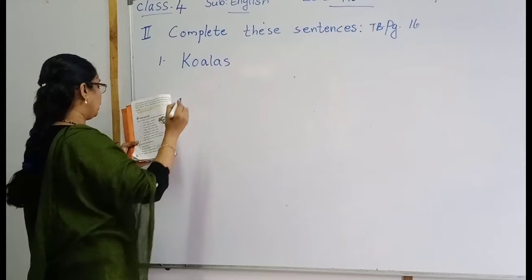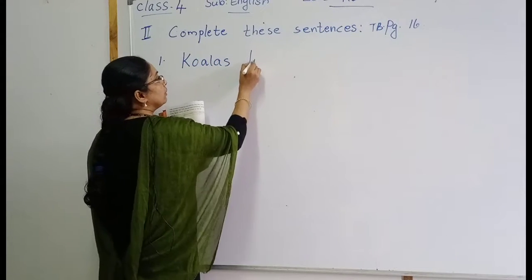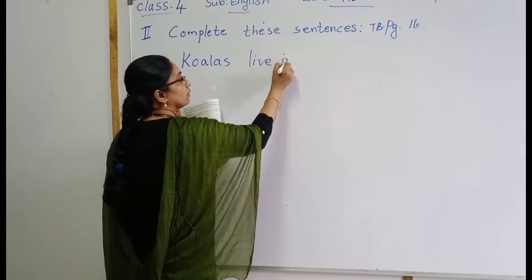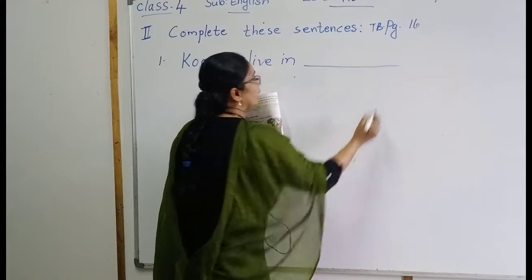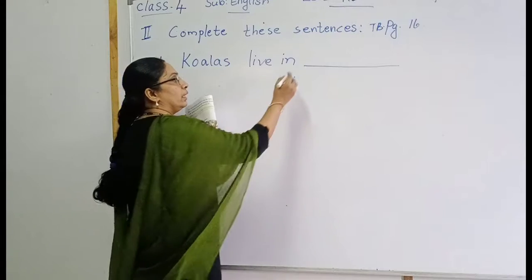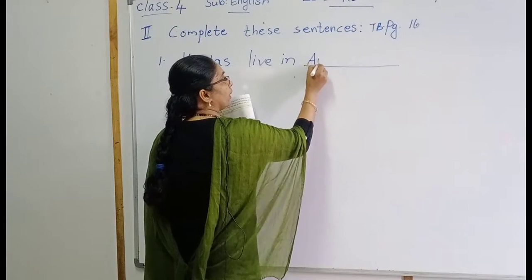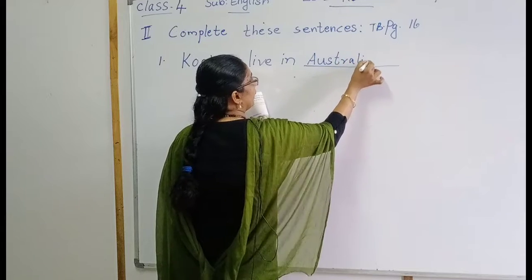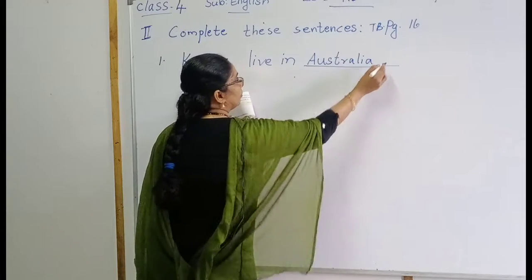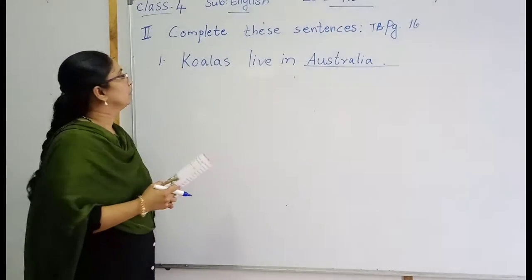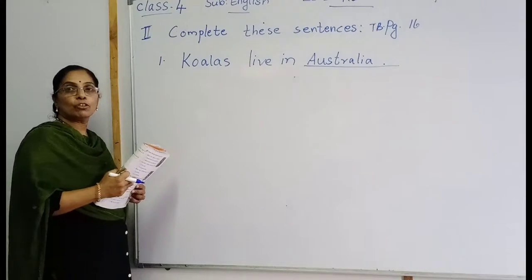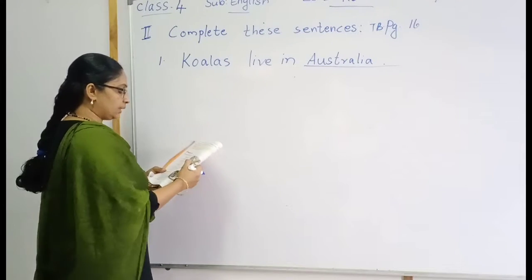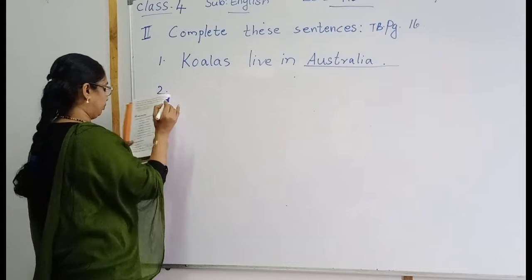Koalas live in dash. Where do they live, children? They live in Australia. Koalas live in Australia.